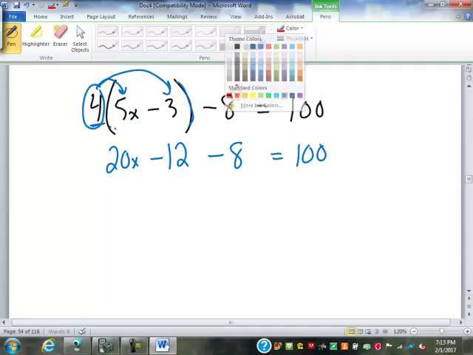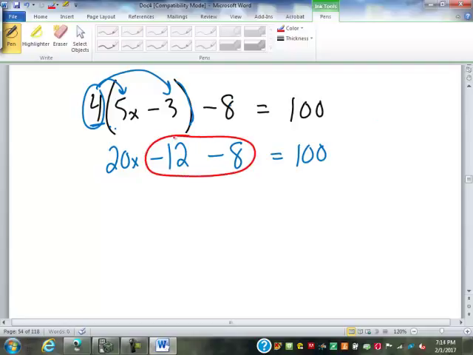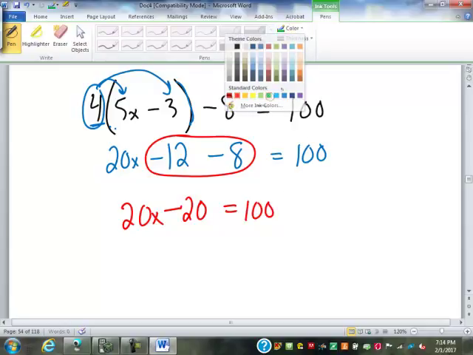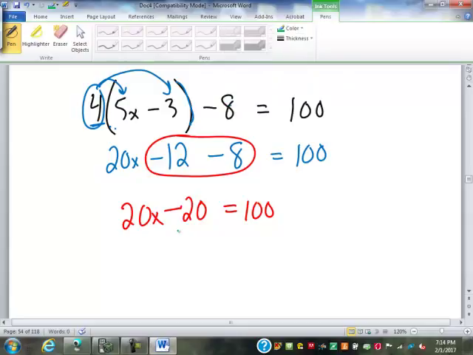Now that we're done with the parentheses, we have to see if there's anything we can combine. And we can combine the negative 12 and a negative 8, which would be negative 20. So now what? Add 20.